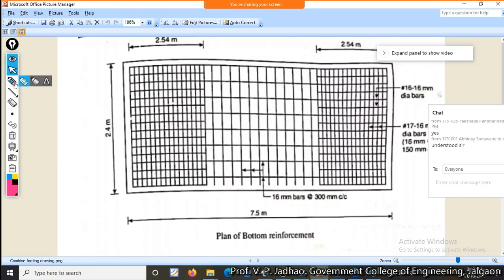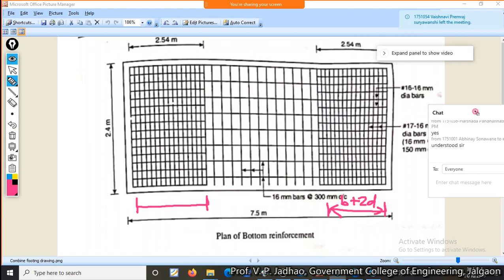Now we know that we have calculated the bottom reinforcement to be provided in this region, in this particular region only. The width of this particular region was B plus twice D. So this reinforcement was required to be provided for this region of B plus twice D only.